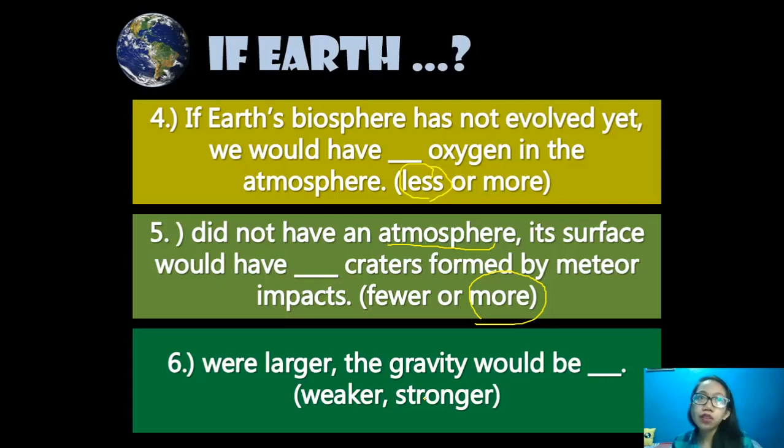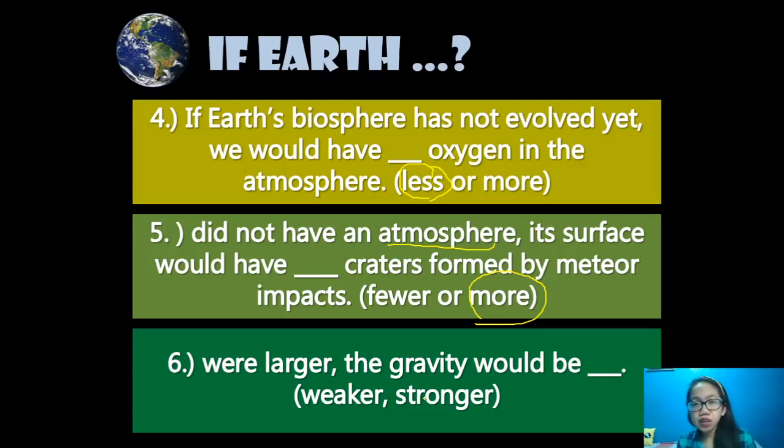So that's why in a movie, I forgot what it's called, John Carter of Mars, he could jump high because there was less gravity on Mars. That's because Mars is smaller than Earth.